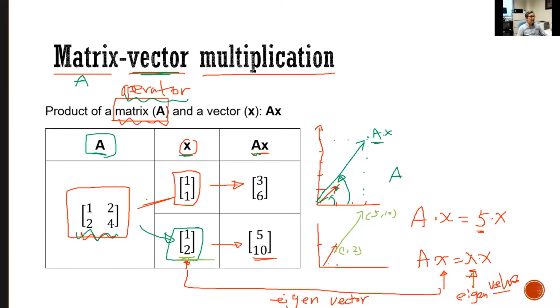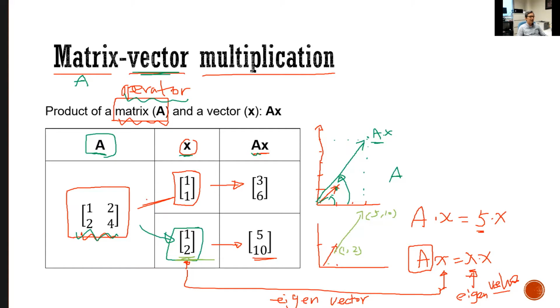So the eigenvalue and this eigenvector are a set of special combinations of a vector and a constant that reflect the property of matrix A as an operator. All right, so the eigenvector and the eigenvalue are very important concepts in linear algebra and in machine learning.